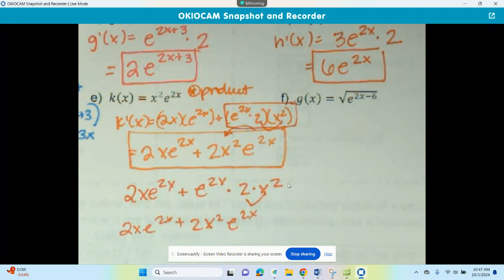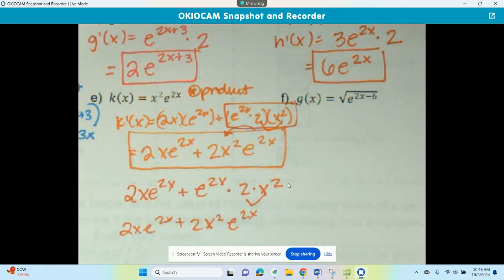Would it still be the same if you multiplied the 2 by the e to the 2x first before the x squared? Like instead of distributing, what if you just multiplied it inside the parentheses first, like 2e to the 2x times x squared?